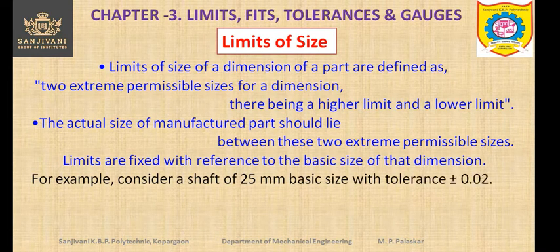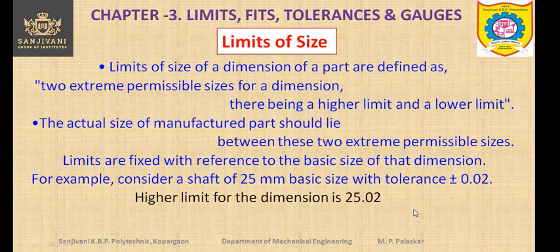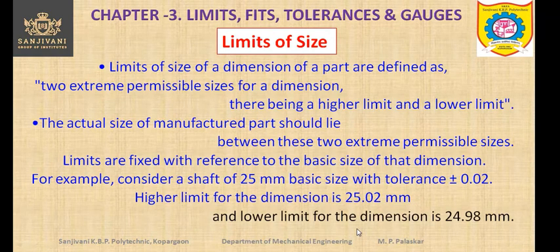For example, if you consider a shaft of 25 mm basic size and the tolerance given is plus or minus 0.02, the higher limit for the dimension will be 25 mm plus 0.02 mm, that is 25.02 mm, and the lower limit for the dimension will be 25 minus 0.02, that is 24.98 millimeters.